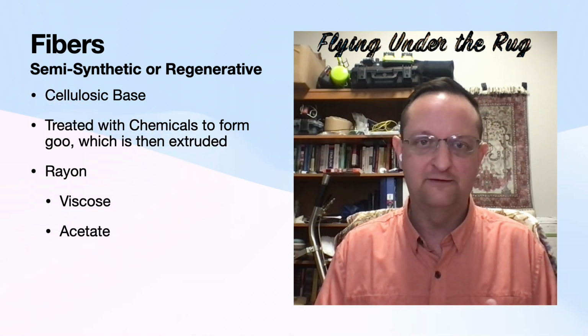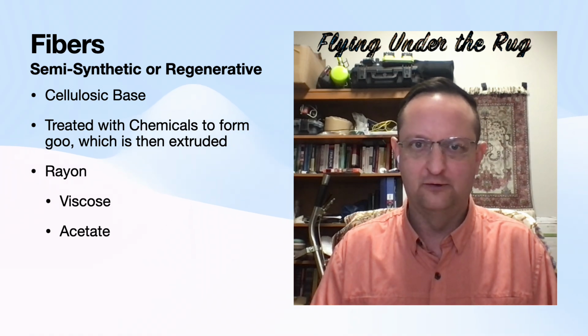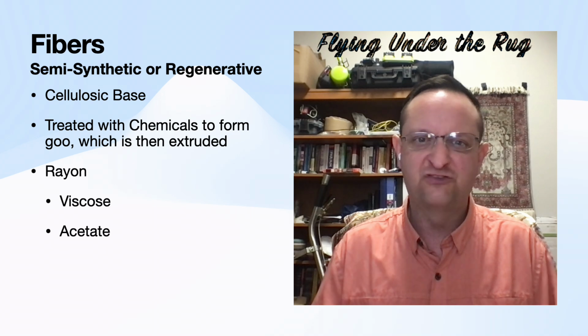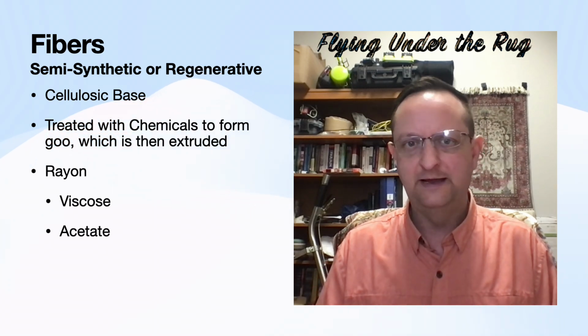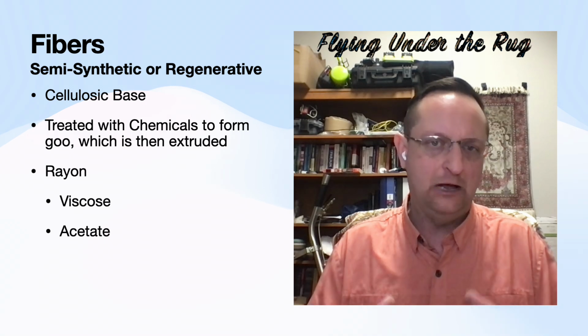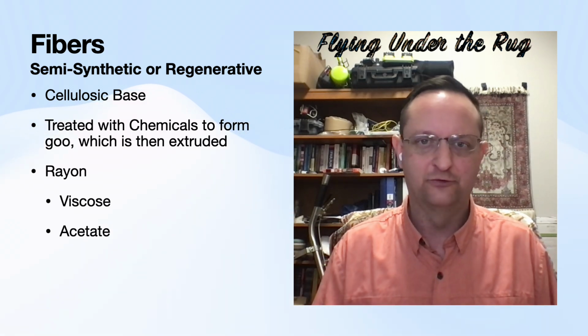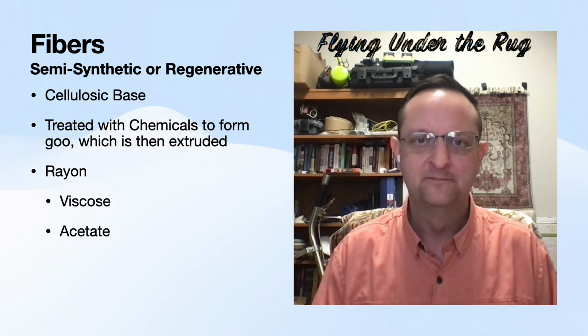If you ever see a funny name on your clothing, like Lyocell or Luxcell or faux silk, those are all rayon. Viscose is made with really strong alkaline chemicals, and acetate is made with really strong acidic chemicals. They melt that down and then turn it into whatever they're going to make it.